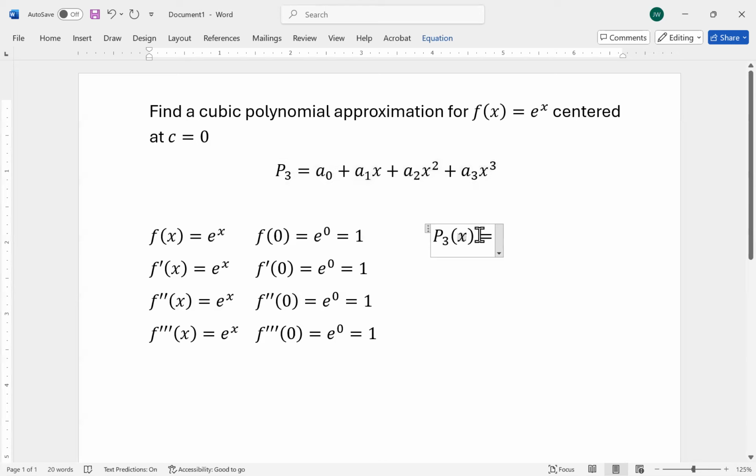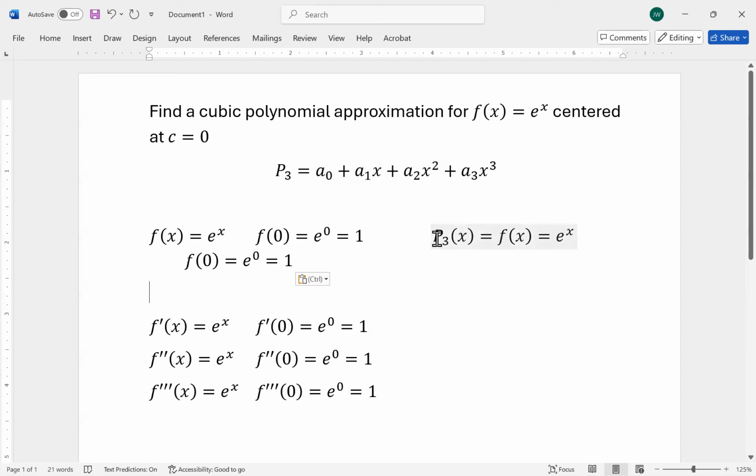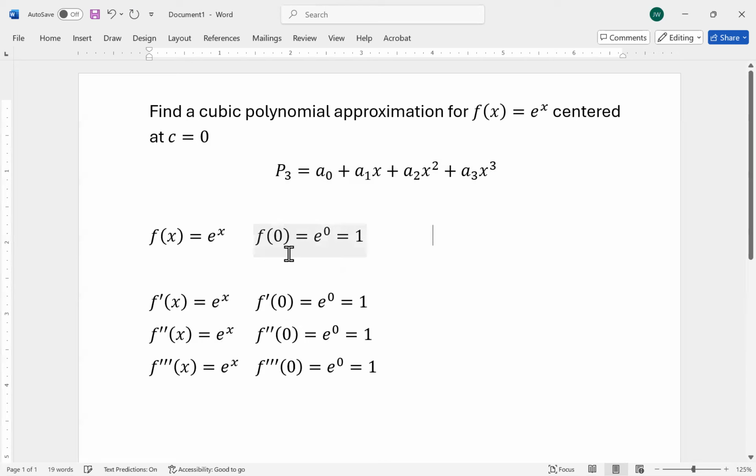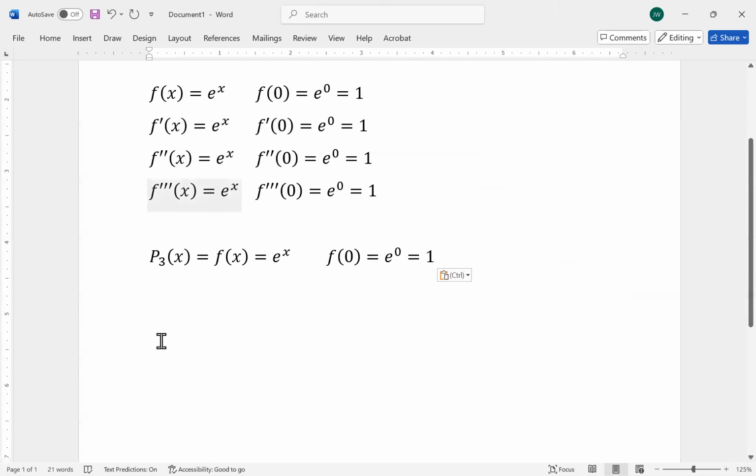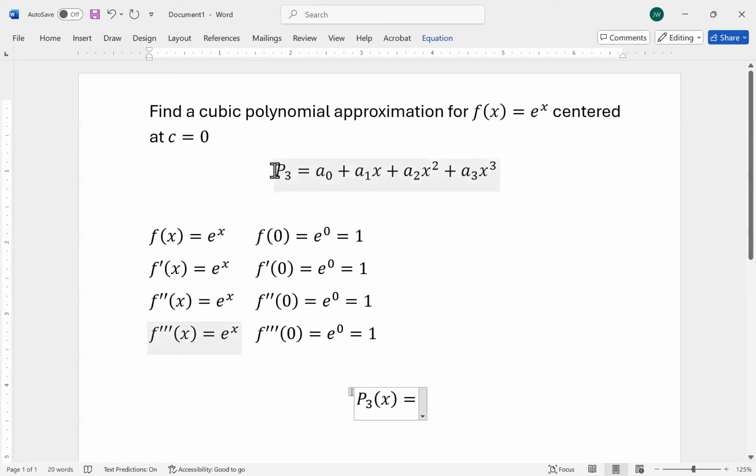What would happen if, well, let me rewrite this. Actually, let me rewrite it this way. Sorry. Trying to get good spacing. So my polynomial function is right here.